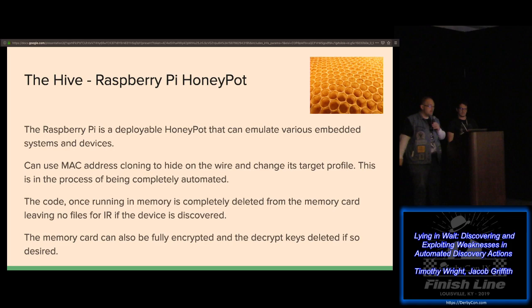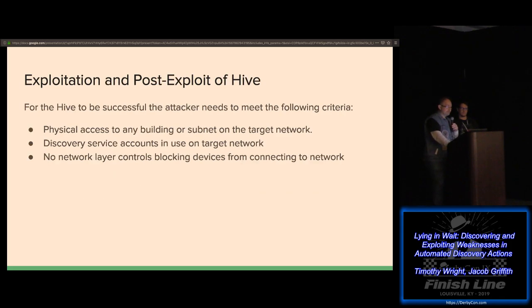If you unplugged the Ethernet cable, everything was gone out of memory. So it was a really neat platform to do this type of attack. Then Jacob modified it a little bit more and did full encryption on the memory card and deleted all the decryption keys. So it's encrypted and the keys are gone, so we can't even get it back.